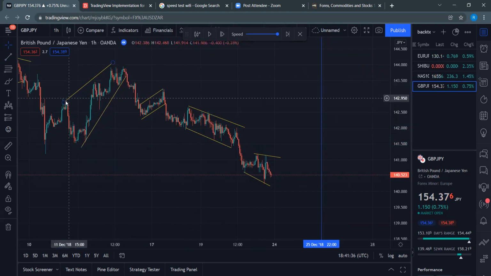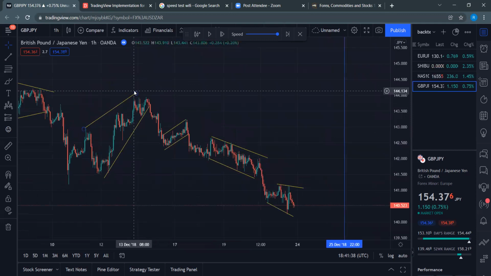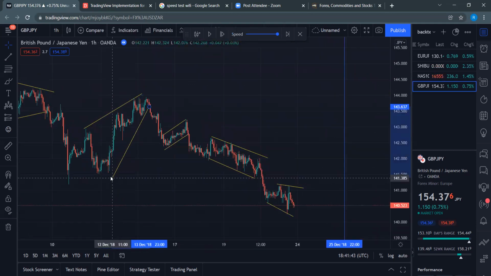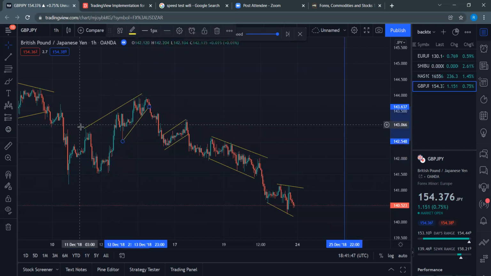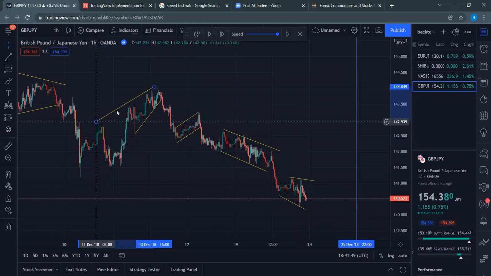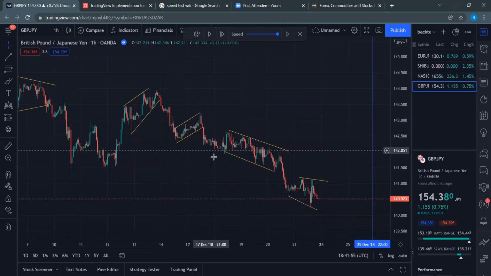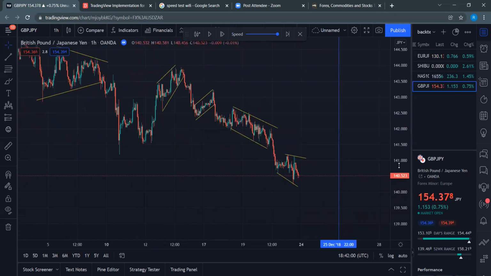Because as you are moving along, as you are zooming out into the smaller time frames, you can start to see even much clearer. So when you have adjusted, you have your impulse, correction, impulse, correction, impulse. And then here we're just having a correction.